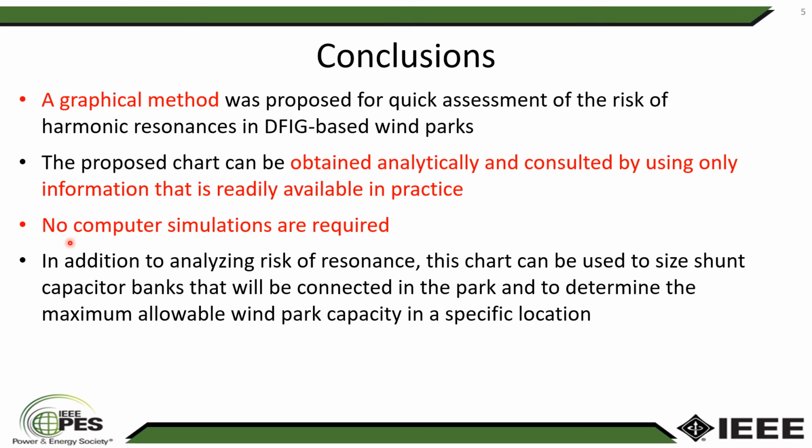So this is a very important point of this method. And in addition to analyzing the risk of resonance, we have seen that this chart can be used for other applications, such as defining the size of the shunt capacitor banks and also determining the maximal allowable wind park capacity in a specific location. Thank you very much.